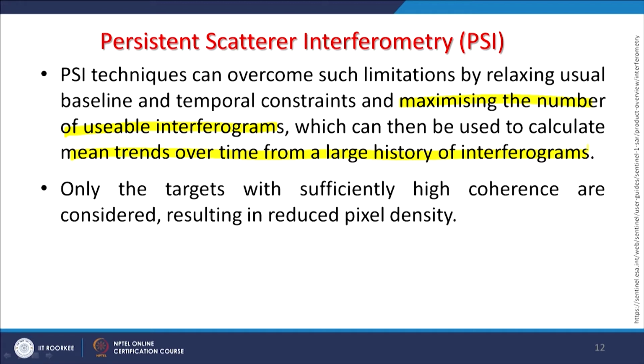So, only the targets with sufficiently high coherence are considered as persistent scatterers, resulting in reduced pixel density. And that way, the persistent scatterers within an image or within a study area may be just a few.